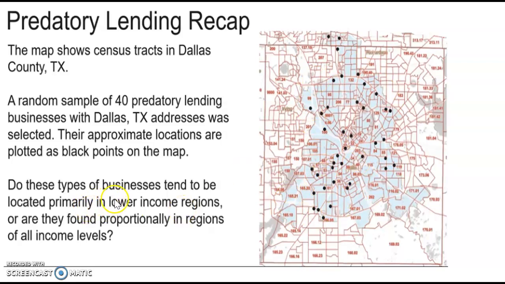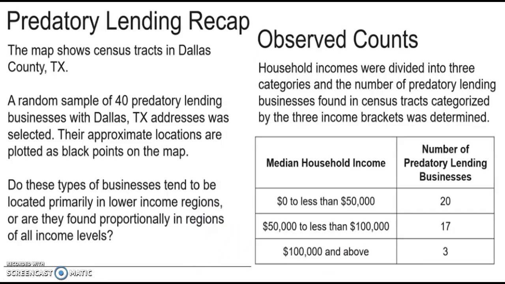So they want to figure out, do these types of businesses tend to be located primarily in lower income regions, or are they found proportionally in regions of all income levels? So we're trying to see: is what is already occurring actually what we expect to occur? So we're comparing what's occurring to what is expected.